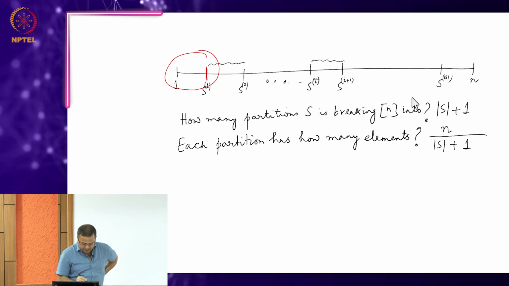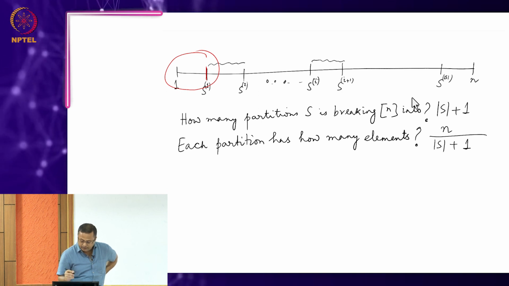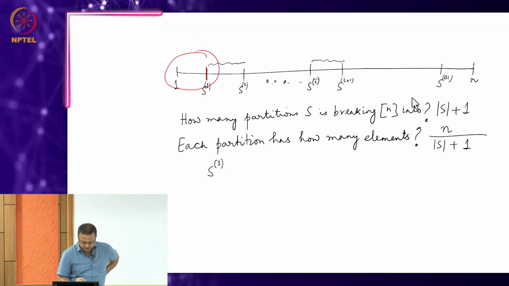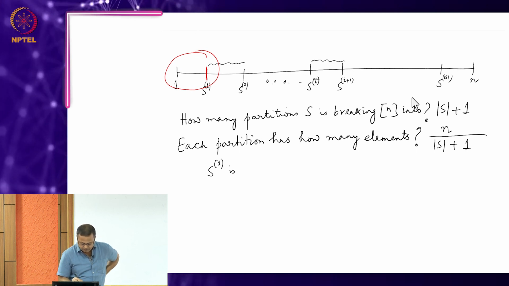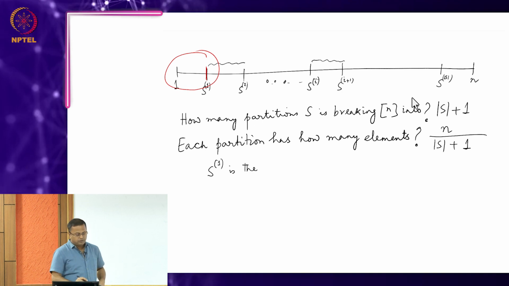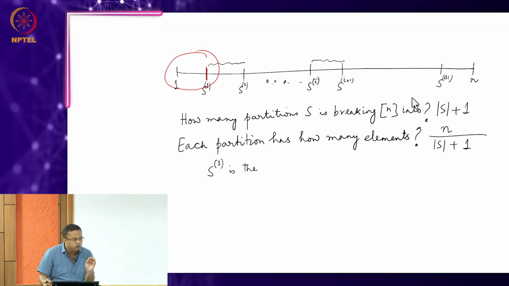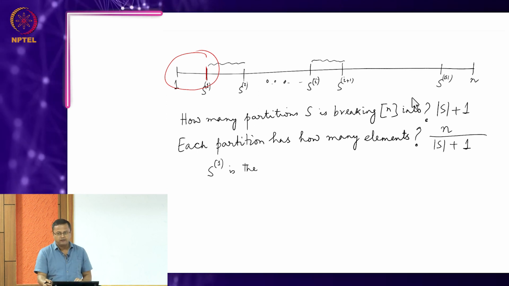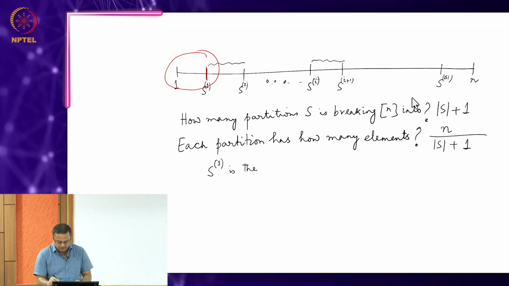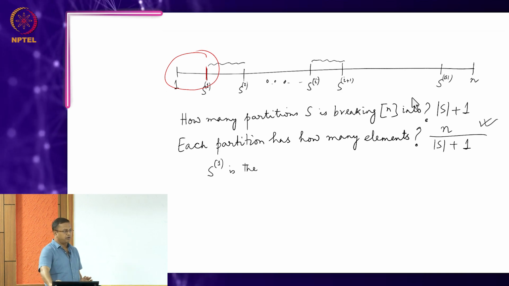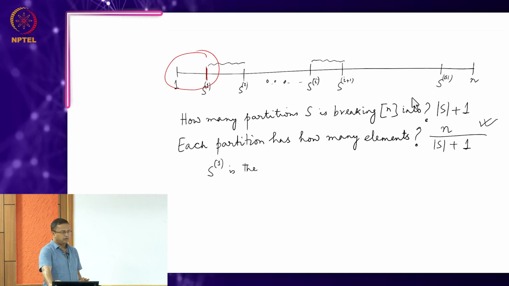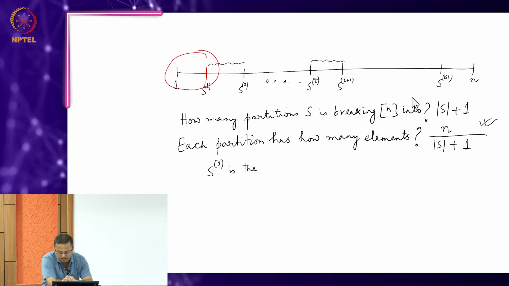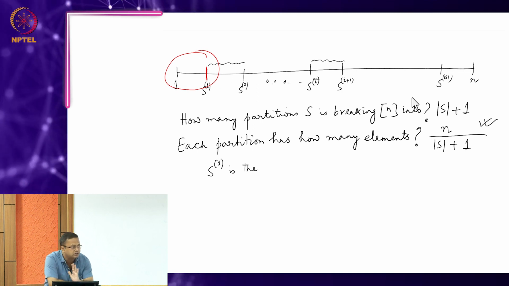So, if you look at what I have marked as S1, and I want to look at the rank of S1 in 1 to n, that rank is this number, because we have argued that in each partition there are roughly n by |S| plus 1 many numbers.